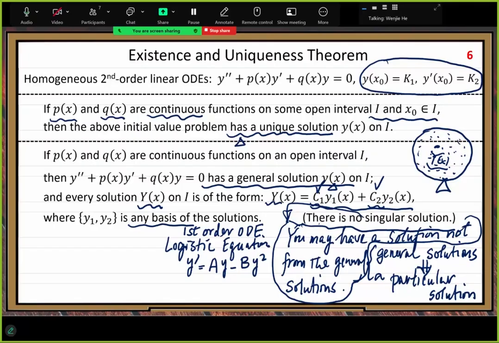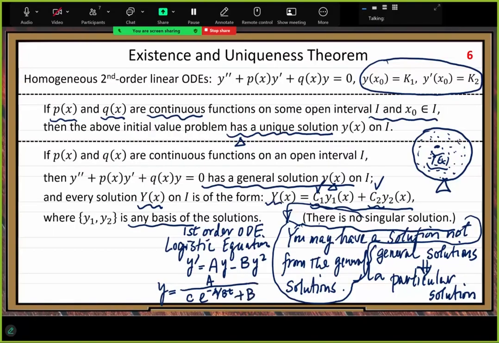Its general solution equals capital A over little c times e to the negative a over b t plus b, something like that.